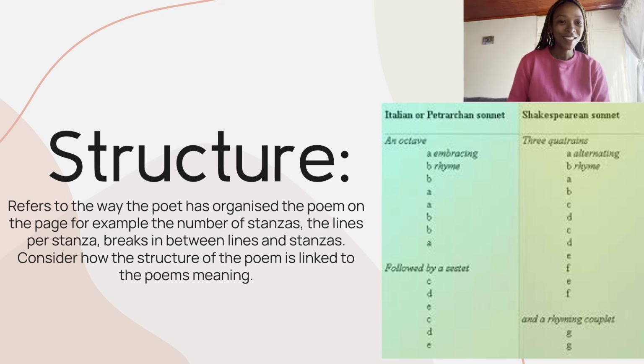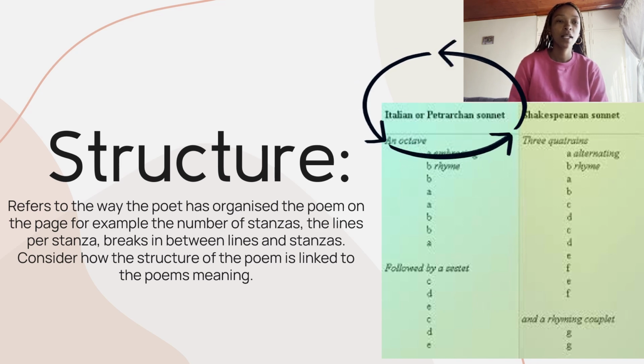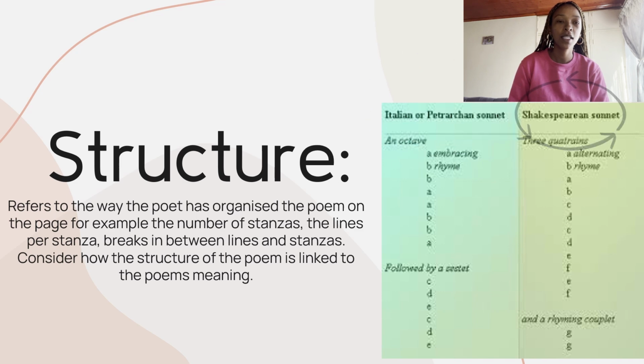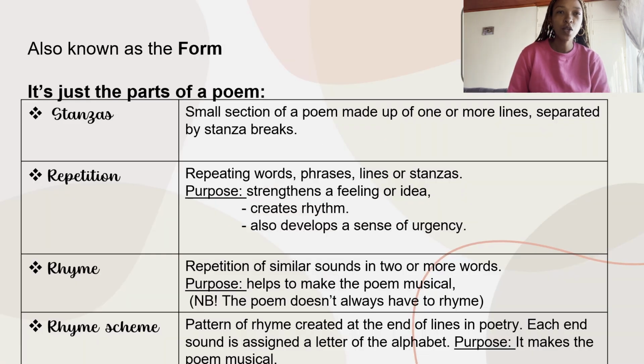An example is the image that is evident on the slide. We have a difference between the Italian or Petrarchan sonnet as well as the Shakespearean sonnet. This is indicated by the rhyme scheme, by the separation of the stanzas. The structure of the poem is also known as the form.